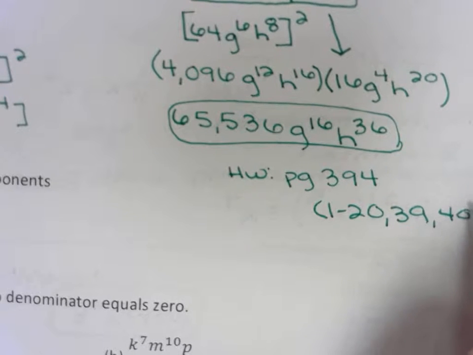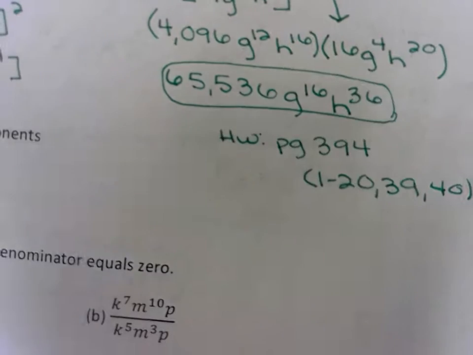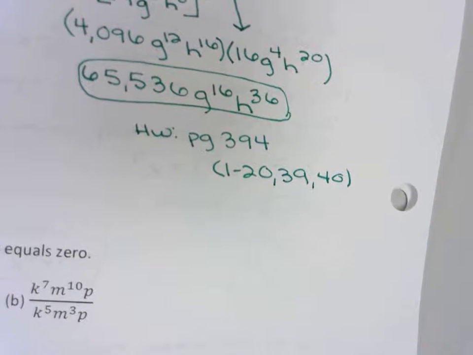Now it's a little more than normal, but the first 6 don't take any work at all. You just have to say whether it's a monomial or not. So 1 through 20, 39 and 40. That's your homework, page 394.